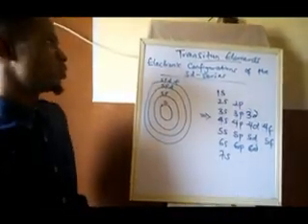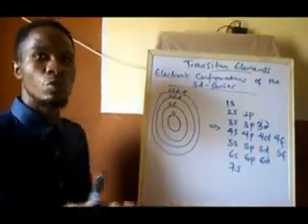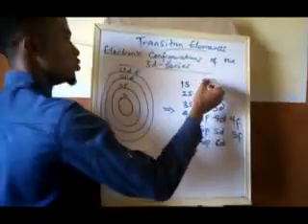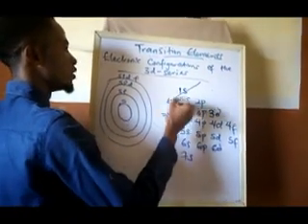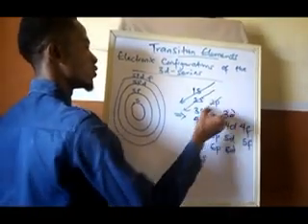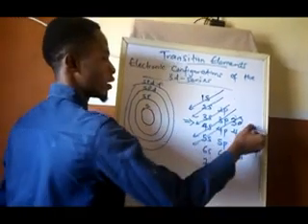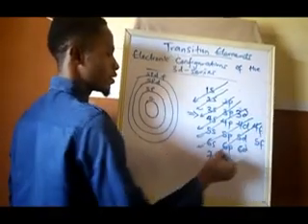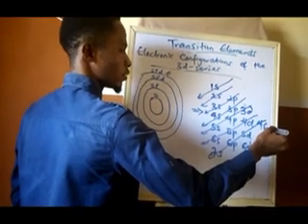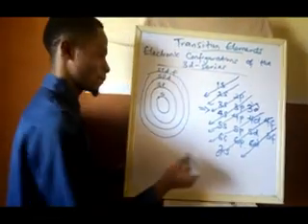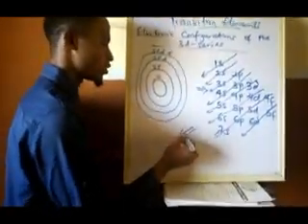Now, using the Aufbau principle, you trace this diagonally. Having a diagonal line, then we have this.